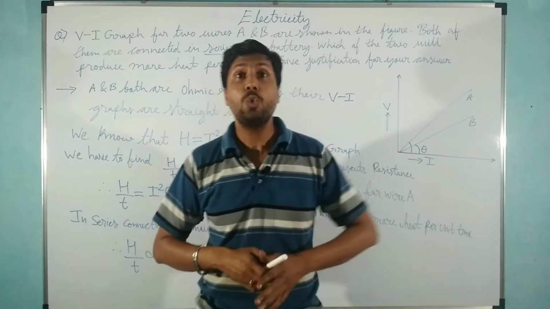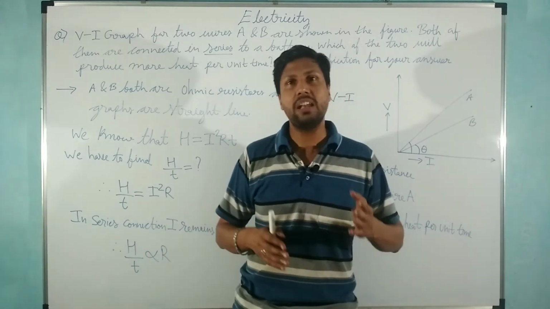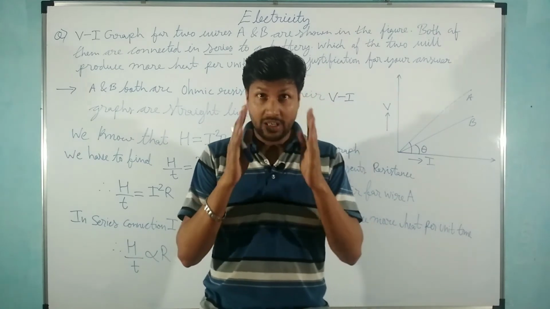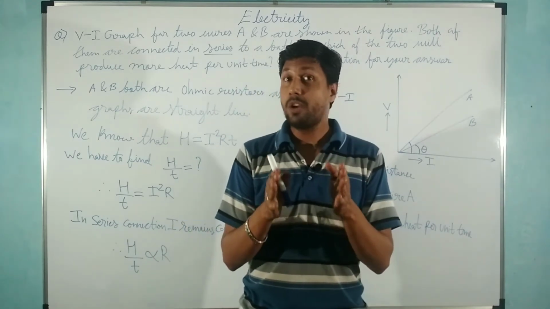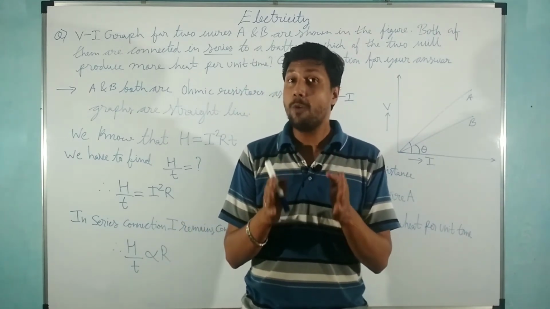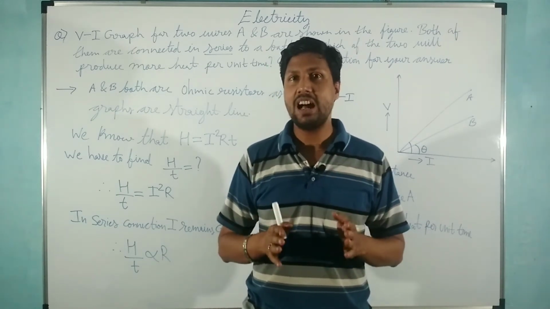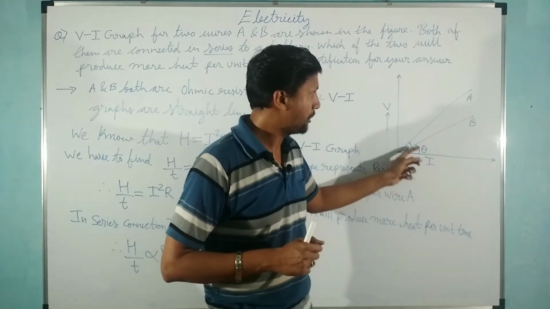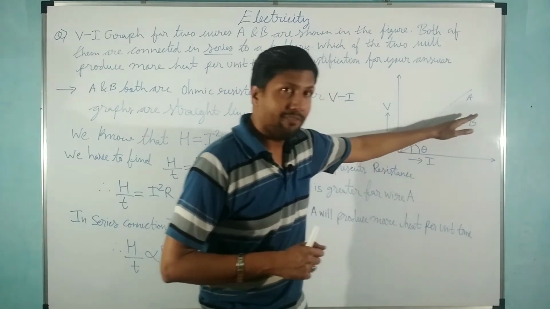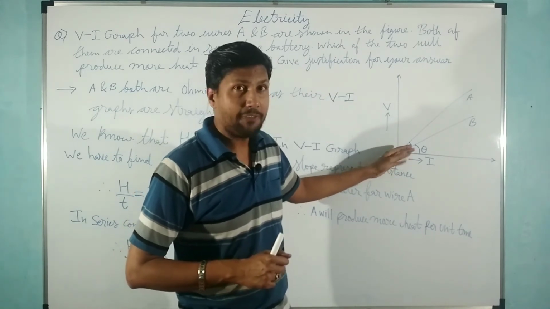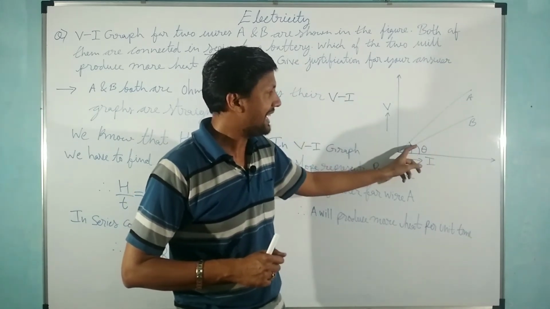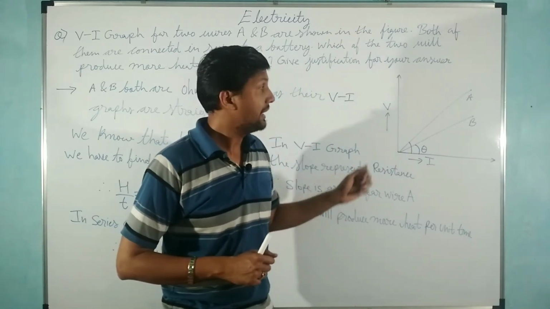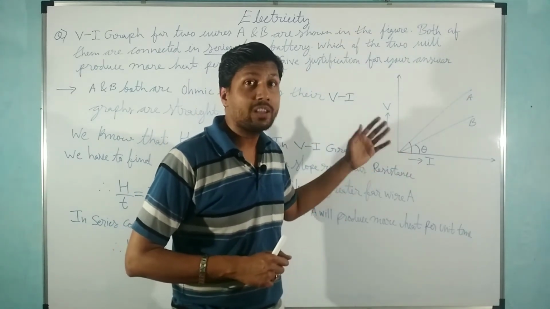Now we have to find out which wire has more resistance and which wire has less resistance. So dear friends, listen to me very carefully. Slope. What is slope? Slope of a graph is the angle made by the line with the x-axis. In this case, the graph of wire B is making less angle than wire A. So, more the angle, more the resistance.